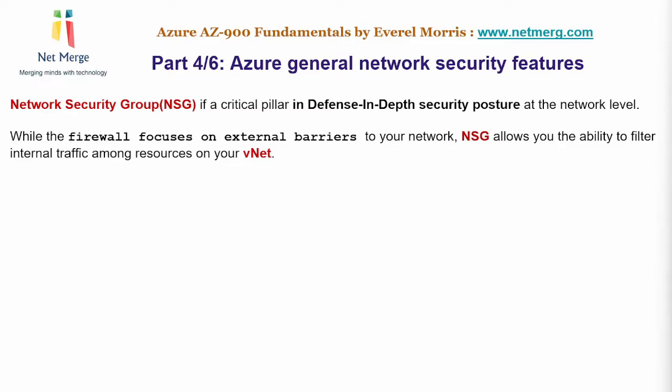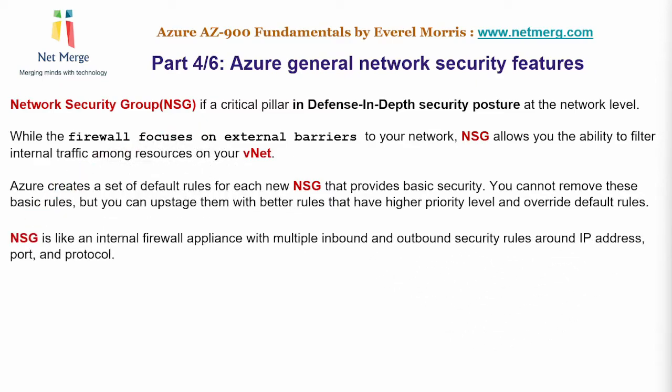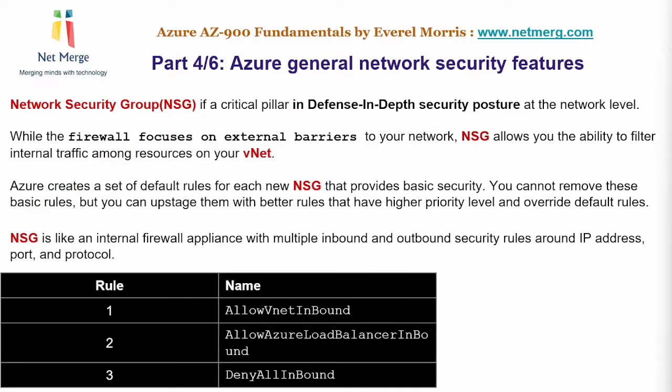The NSG is what you use to connect your resources together internally, your virtual machines. It comes with a set of default basic security rules. You cannot remove those rules, but you can override them with better rules with higher priority, and I'll explain that in a second.